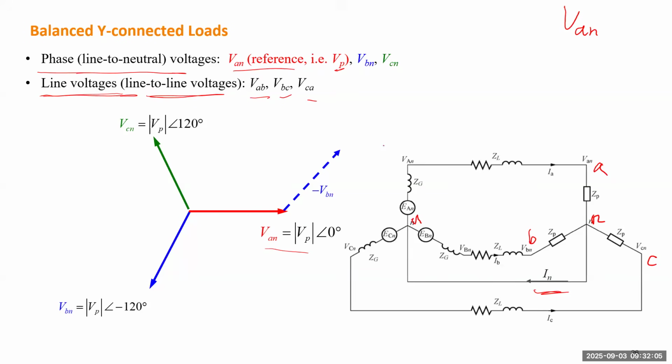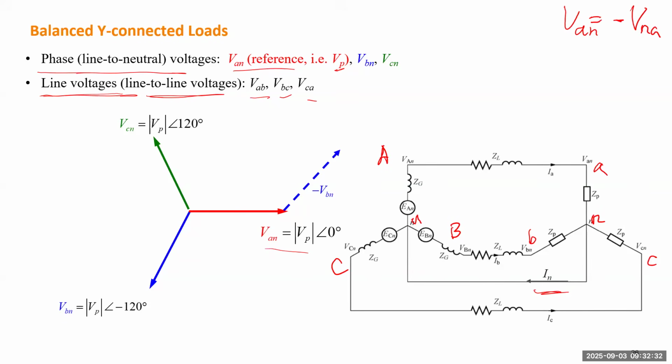And this terminal is capital A. This is capital C, and this is capital B. Okay, so now it's clear. So the voltage phasor VAN means the voltage difference between A and N, how much A is higher than N. And VNA will be negative. It will be opposite.